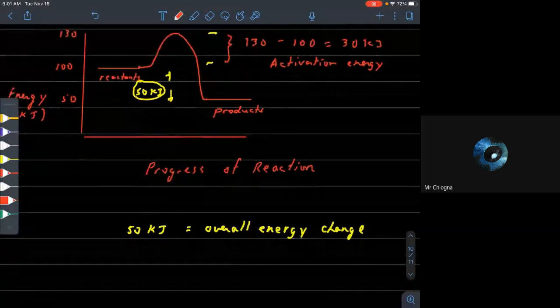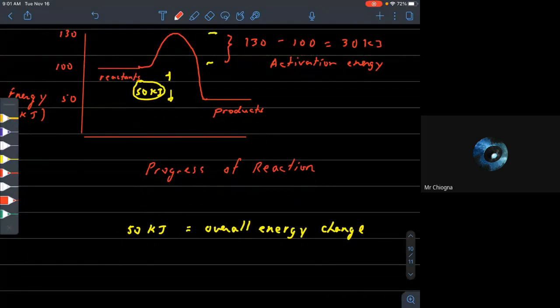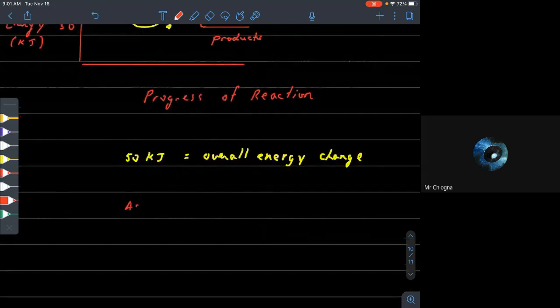That can simply be whatever energy you get from the surrounding area, the room. Activation energy. The energy to activate it, to get it started. To get what started? To get the chemical reaction started.